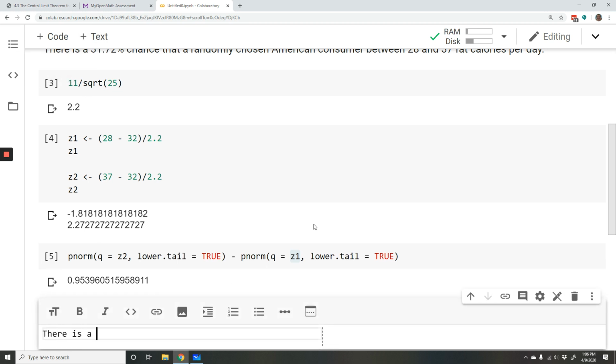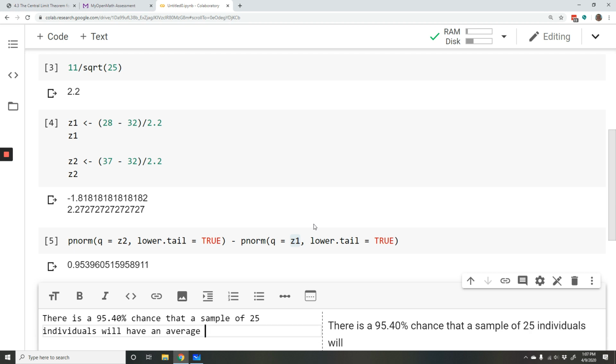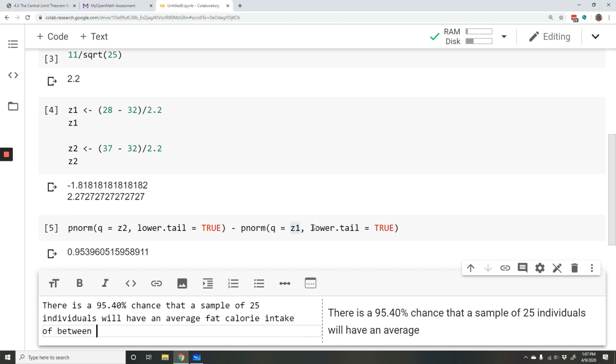There is a 95.40% chance that a sample of 25 individuals will have an average fat calorie intake of between 28 and 37 calories daily.